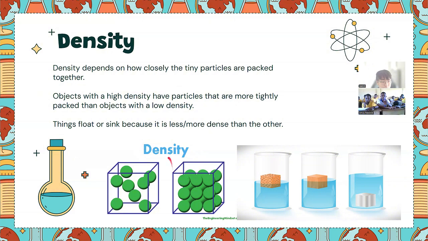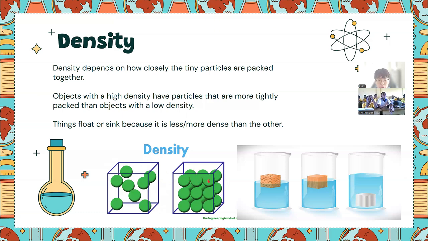Density, you can see on this bottom picture, this one describes well what density is. So you can see that there is a fixed volume. Both of these cubes are the same size. It takes up the same space. But you can clearly see that the right one has more particles in it.